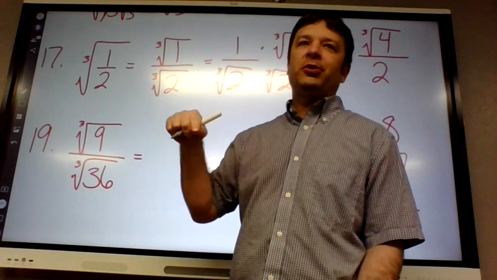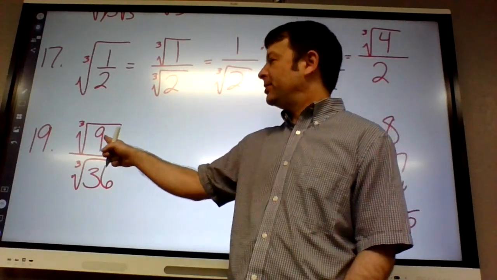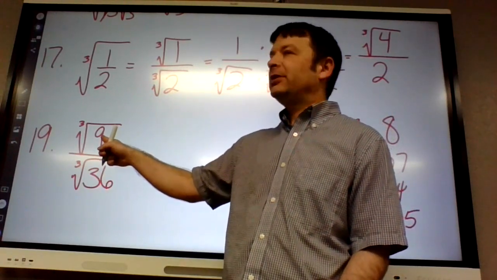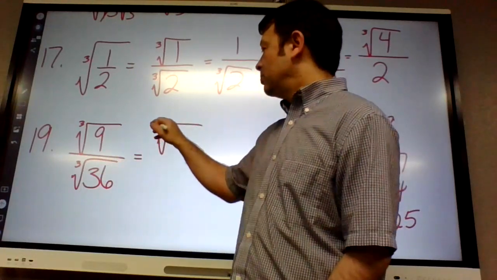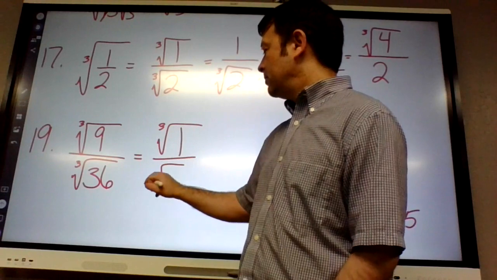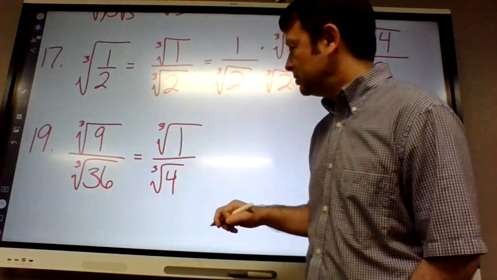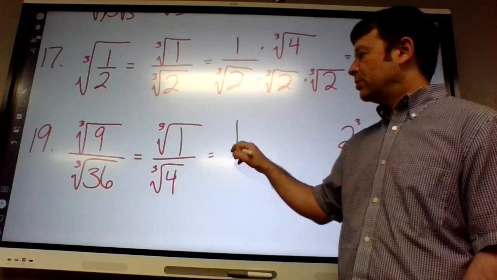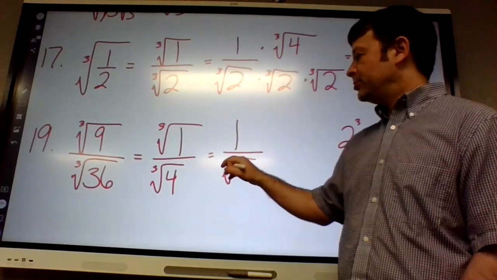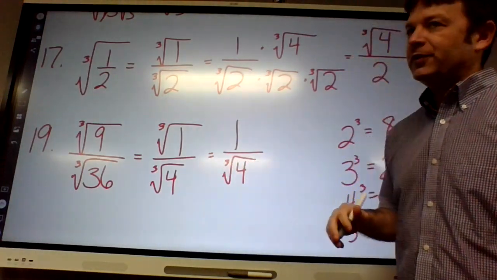Okay, yeah, but you can do more than that. You can divide both by 9. So that would be 1 and 4. Okay, now cube root of 1 is just 1, but cube root of 4, we gotta fix it.